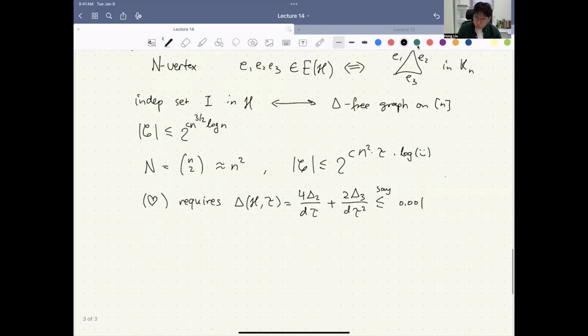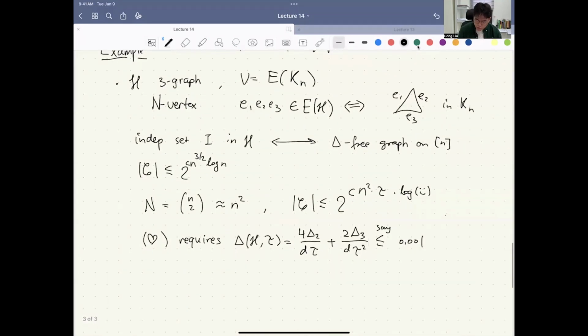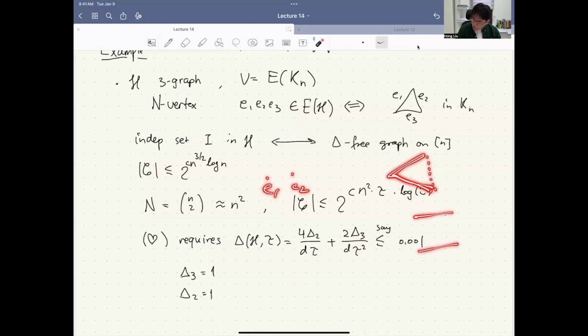Now, what is delta 2 and delta 3? Well, delta 3 is just 1. Simple. For any 3 vertices, there's at most one hyperedge if they form a triangle. If they don't form a triangle, there's no hyperedge containing them. Delta 2 is also at most 1. This is also easy. Why? If you have 2 edges E1, E2, well, if they look like this, it's possible that they are contained in a triangle. If they are vertex disjoint, they don't even have a triangle containing them. Easy.